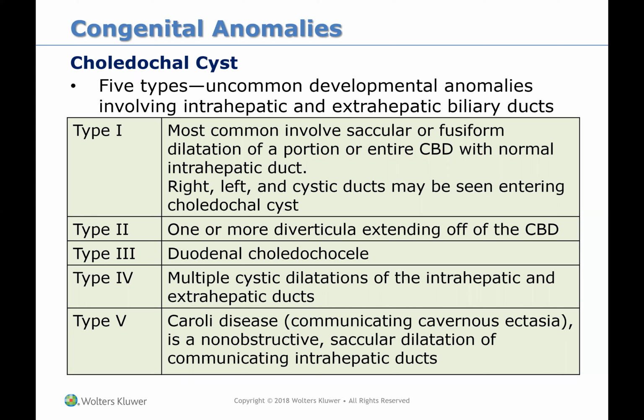Type 5 is Caroli disease. Communicating cavernous ectasia is a non-obstructive saccular dilatation of communicating intrahepatic ducts. So maybe know just what a choledochal cyst is and which type is most common and what Caroli disease is.